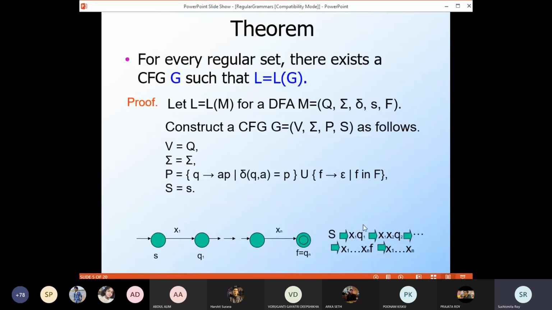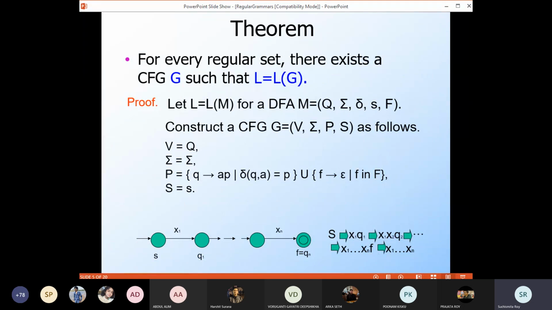So next X2 Q2, but X1 you have already derived, so this is part of the string. Then X1, X2, X3, maybe Q3, and so on till the last symbol, and then you end up with X1, X2, etc. till Xn, and the final state F, which is Qn. Because it's a final state, an accepting state, you have a production rule of the form F rewrites to epsilon, and you can use this to remove this F from the sentential form or this intermediate form.